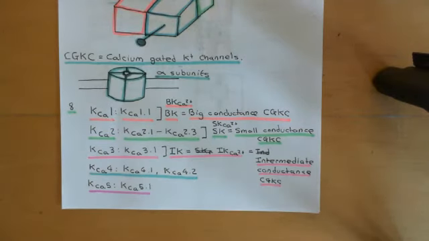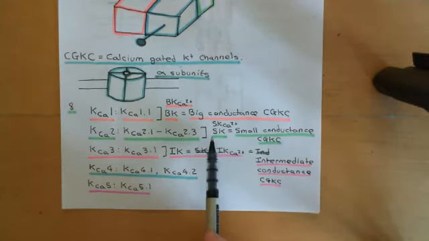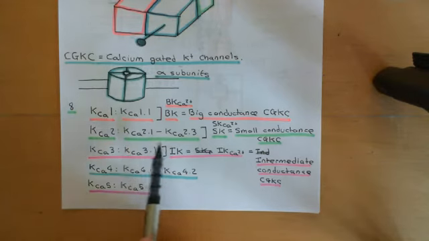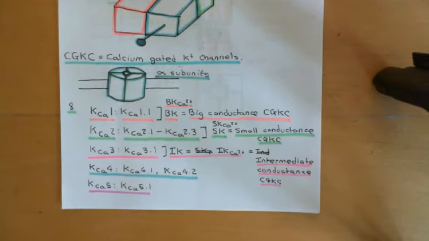What we now want to turn our attention onto is SK and IK channels. I'll remind you that SK channels, standing for small conductance calcium-gated potassium channels, are constructed out of 4 alpha subunits that have been made from the KCA2 family genes, which contains 3 different genes, KCA2.1, KCA2.2, and KCA2.3.